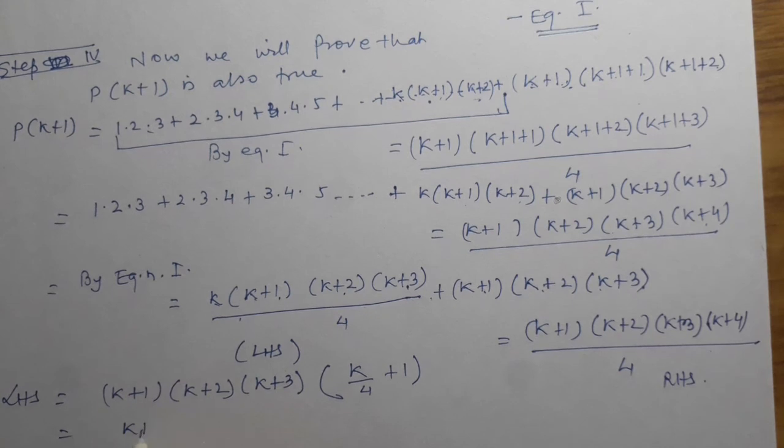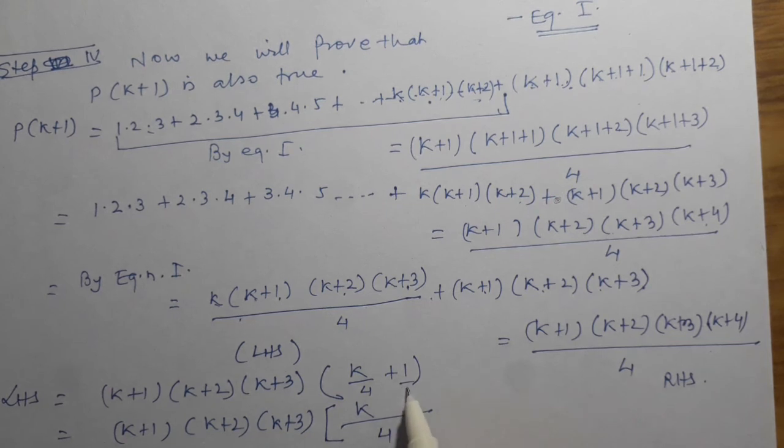Now k plus 1, k plus 2, k plus 3, and 4 will be the LCM, so it will be k here, 4 divided, here we shall take 1 divided by 4, and 1 plus 4. So it will be k plus 1, k plus 2, k plus 3, and it will be k plus 4, and this 4 is dividing.